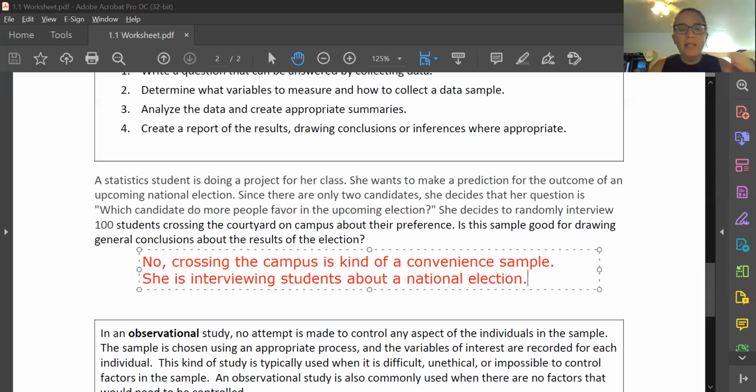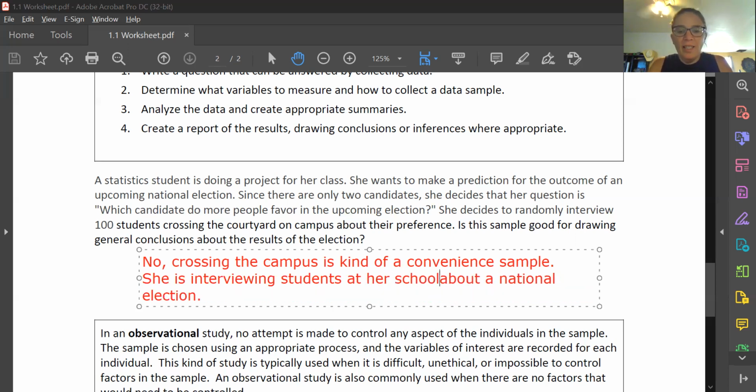Not even students at her school. That is a super tiny sample of the whole entire nation. Let's just overgeneralize. These students that she's interviewing are maybe 18 through 22. Well, there's a lot of people that aren't at her college that aren't being represented.